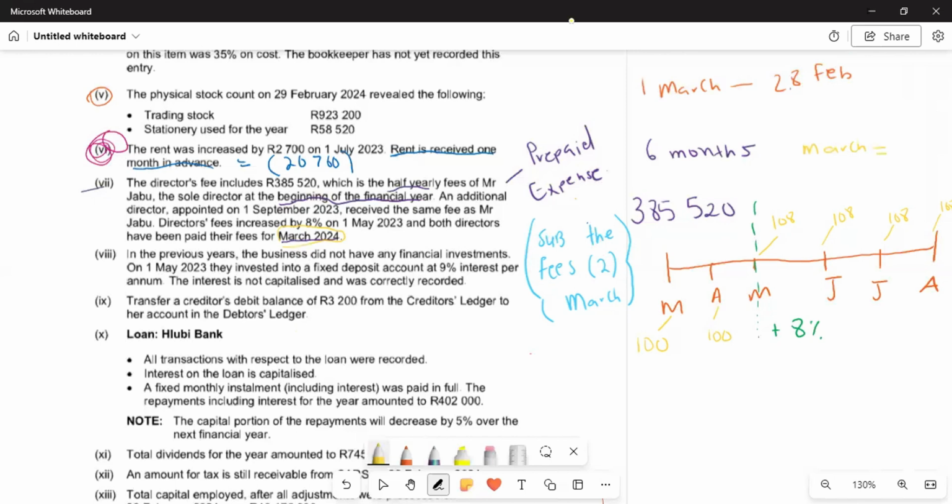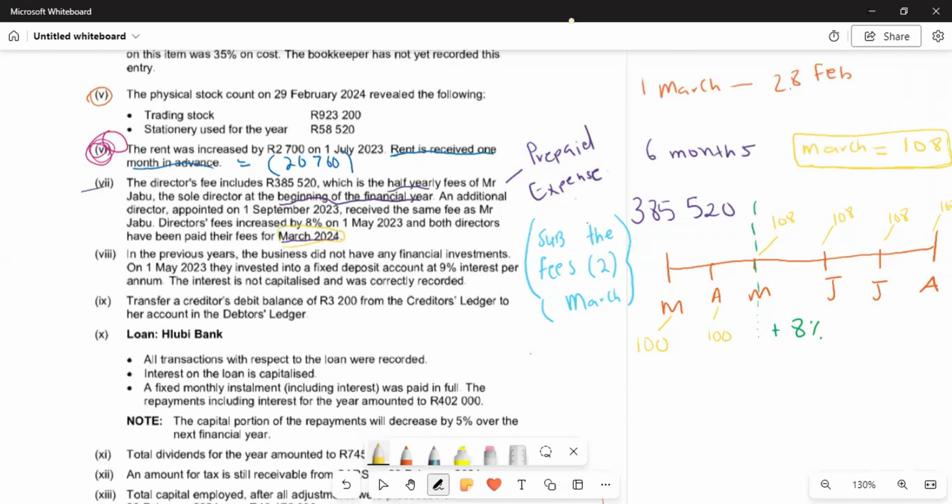So the director's fees for this month would also be 108%, equal to the director's fees in May, June, July, as well as August. So if I can find the director's fees for any of these months at 108%, automatically I would find the director's fees for one director in March. Now, let me go about doing that.